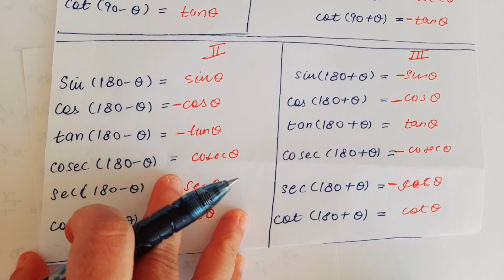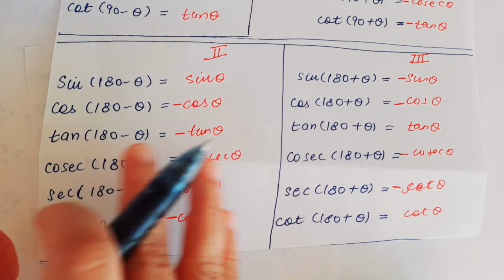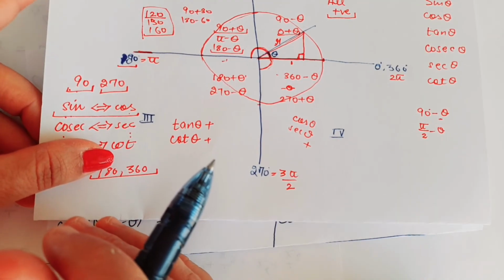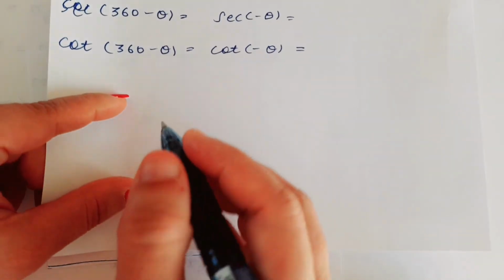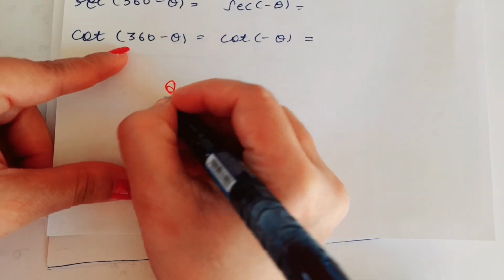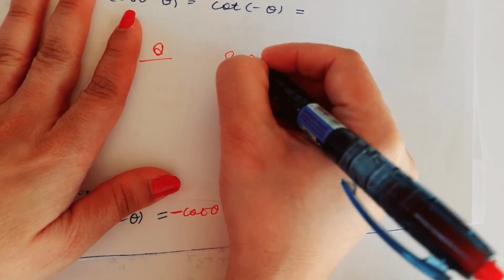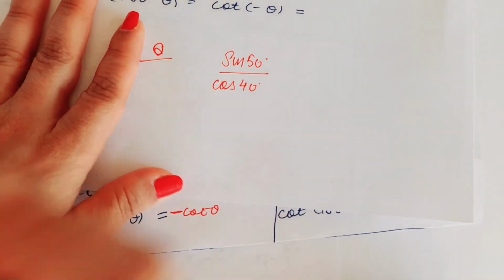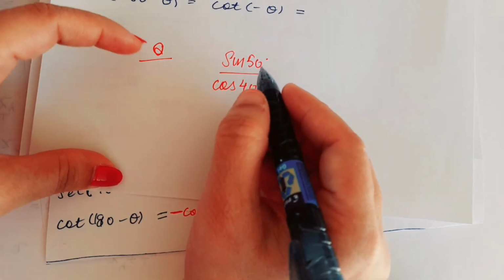Now we will see where we can use these ratios. Suppose you have a question that you need to find the value of sine 50 upon cos 40. The simplest example of these type of questions. So how can you solve it? This is very simple.